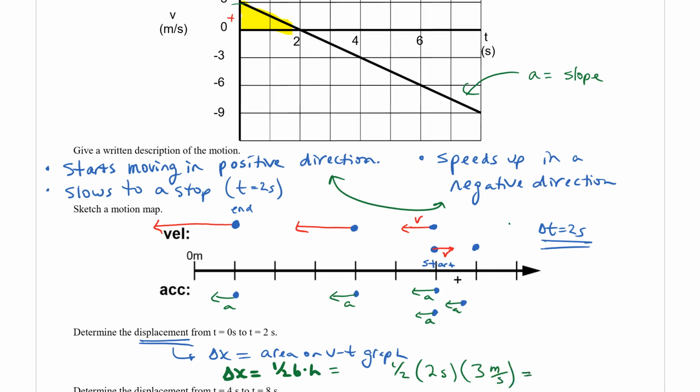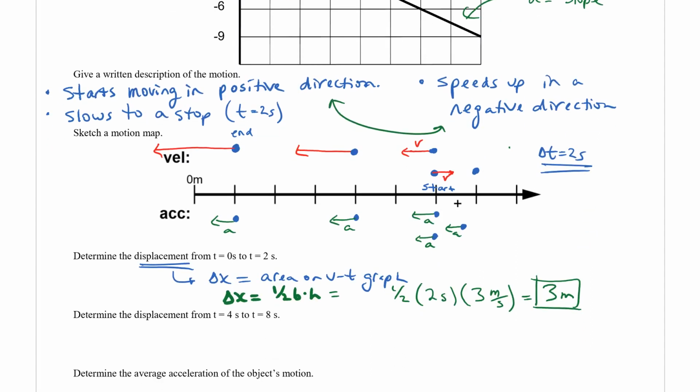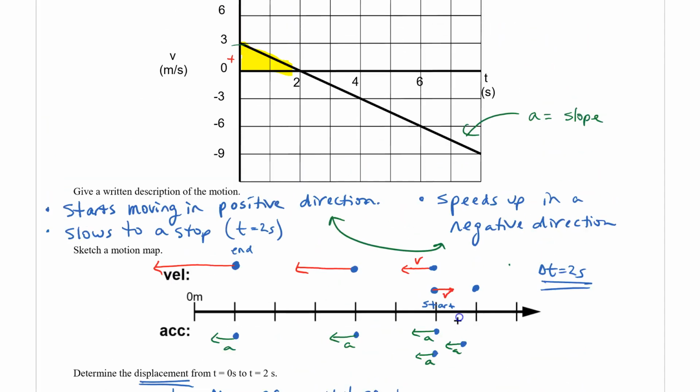What's 1/2 times 2? That's just 1. 1 times 3 is 3. Check out what happens to my units: my seconds cancel each other out, so I get 3 meters. How far did it move? 3 meters. Not bad.